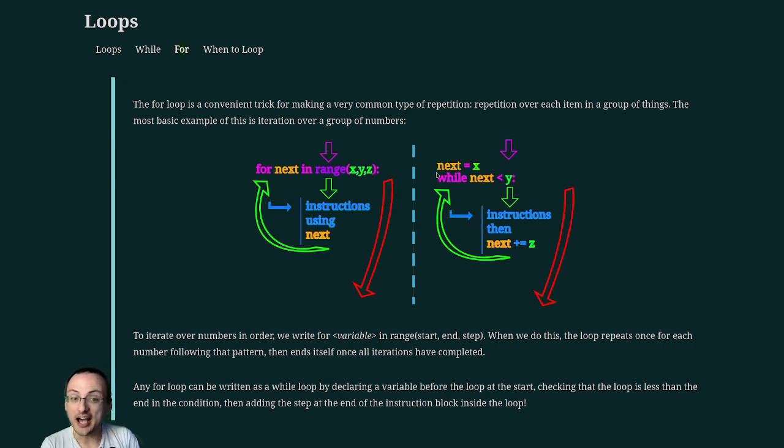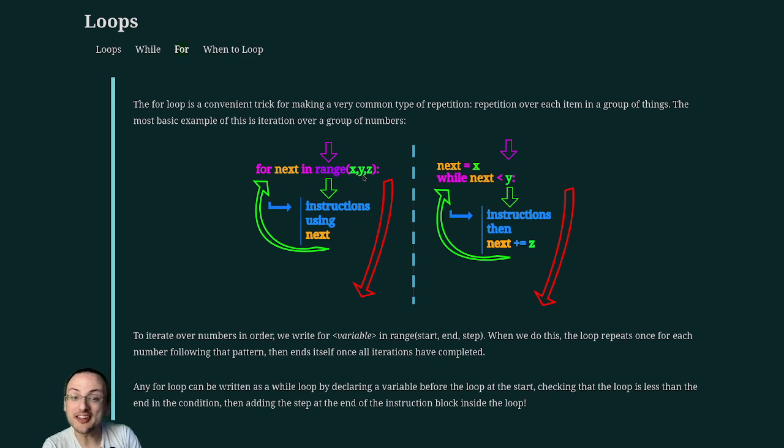What that means is I could actually declare that variable myself right before my loop begins, say next equals x, and then I could use my next thing, that y, as my Boolean condition, saying while my next is less than the y, keep repeating.